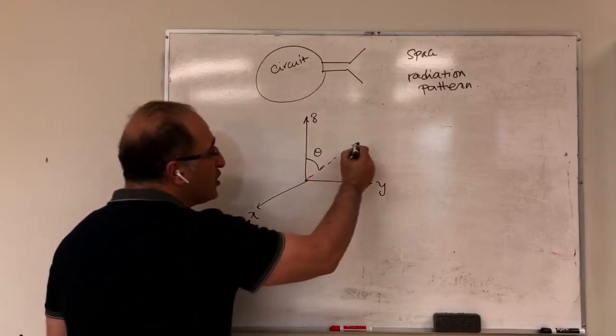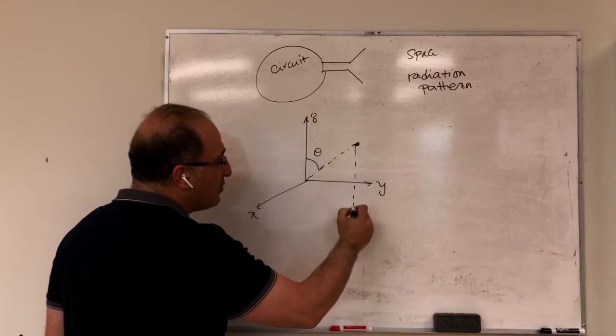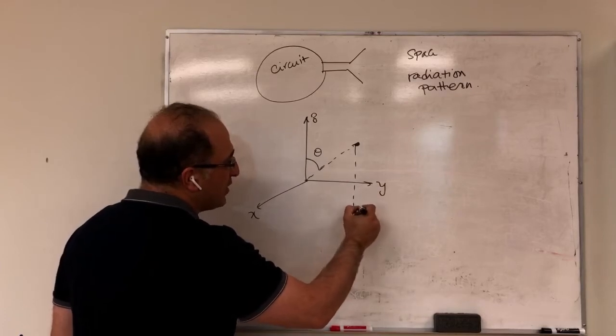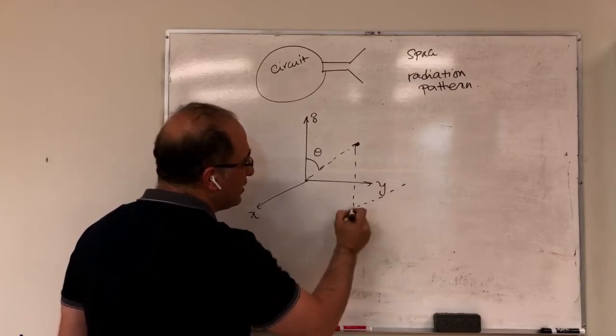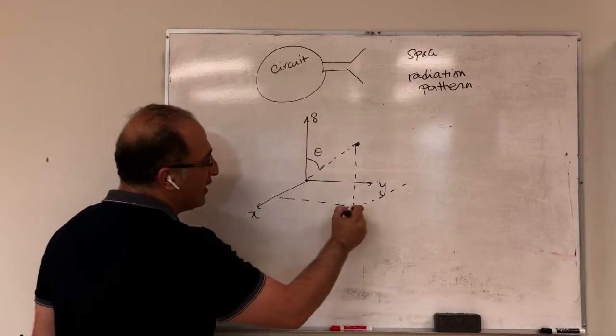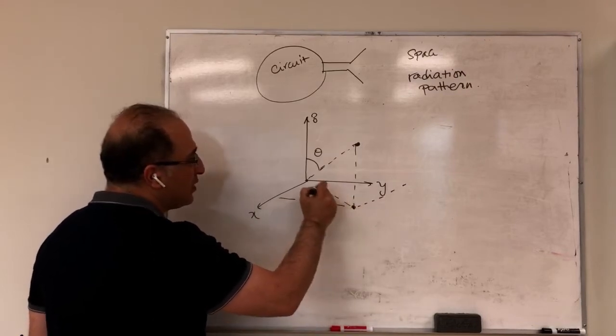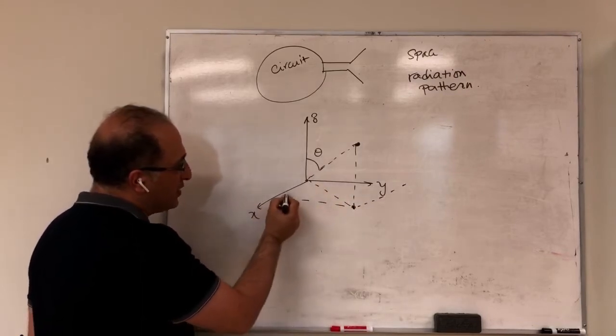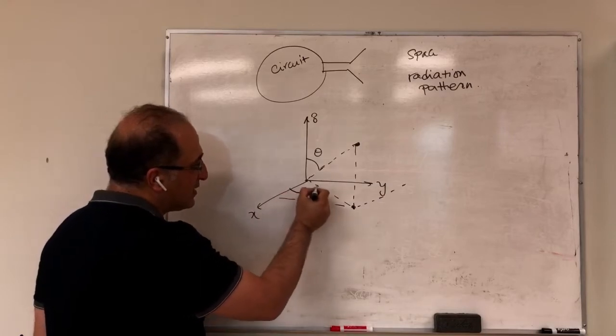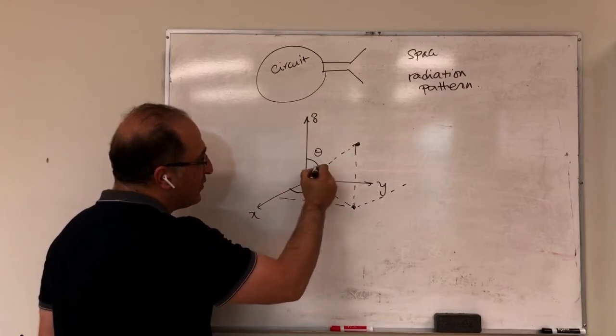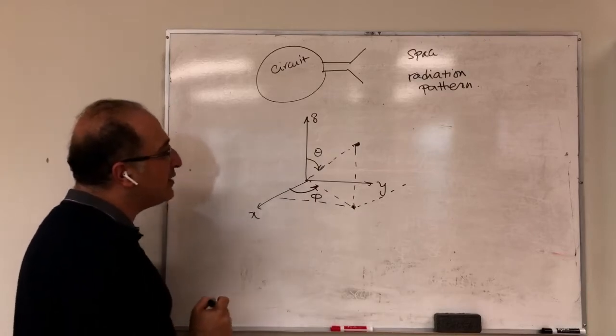And if I project this point on the xy plane, and then connect the projection to the origin, the angle from the x-axis is phi. So this angle is theta and this angle is phi.